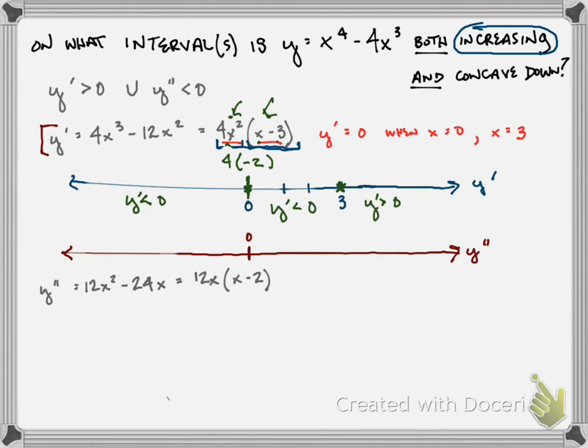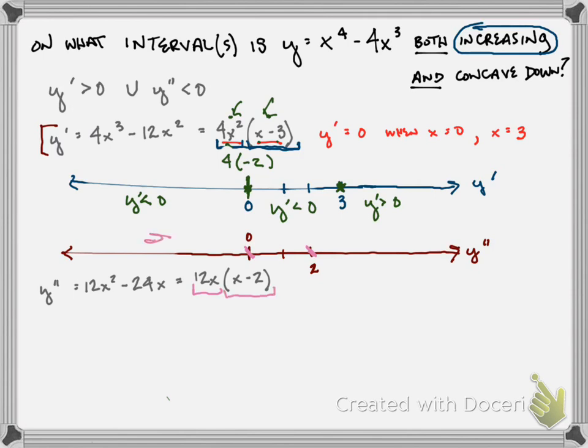Notice I'm lining up the number lines so that 0 lines up with the other one. So I've got a 0 for y double prime at 0, and another one at 2. In other words, y double prime is equal to 0 here, and it's equal to 0 here, and it's not equal to 0 anywhere else. We can see that from its factored form.